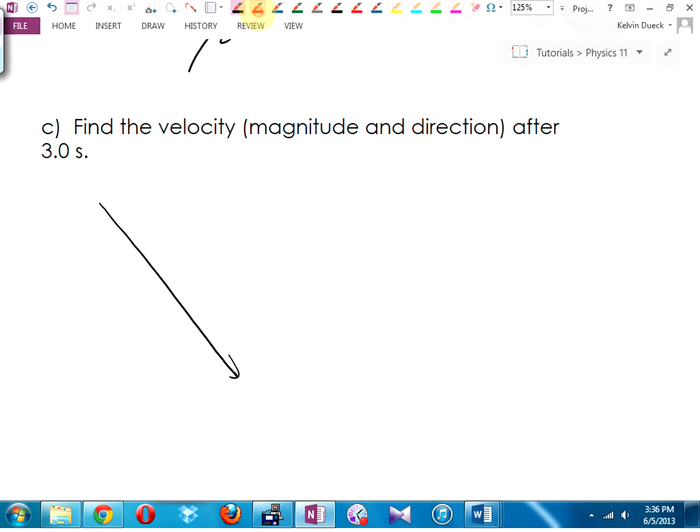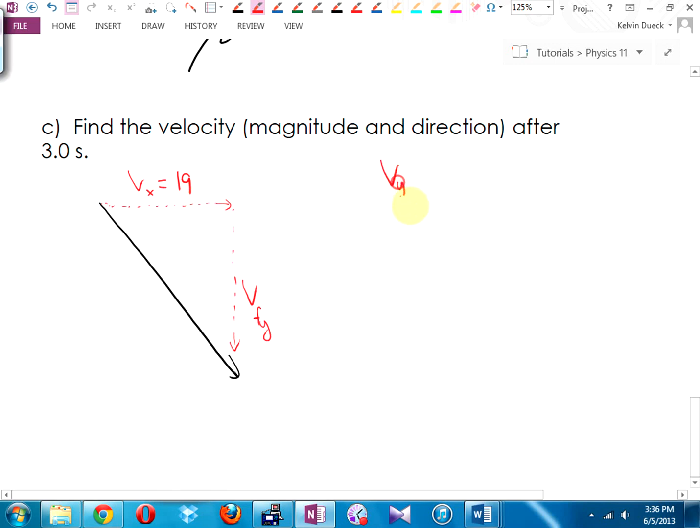It's made up of a horizontal and a vertical. I know the horizontal because that never changes. Was it 19? I think it was, yeah. What's the vertical? I don't know, but I can find it.